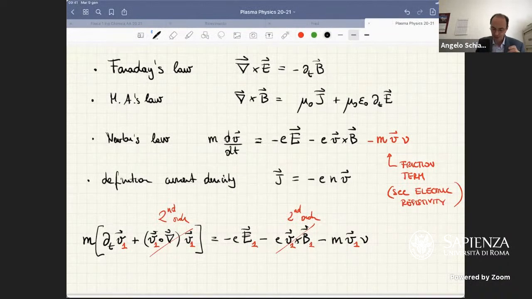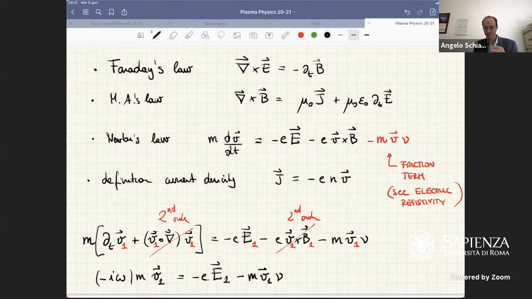This then becomes minus i omega, the time derivative, of mass of the electron times the speed of the electron equals minus E1 minus mass of the electron, speed of the perturbation times the collision frequency.